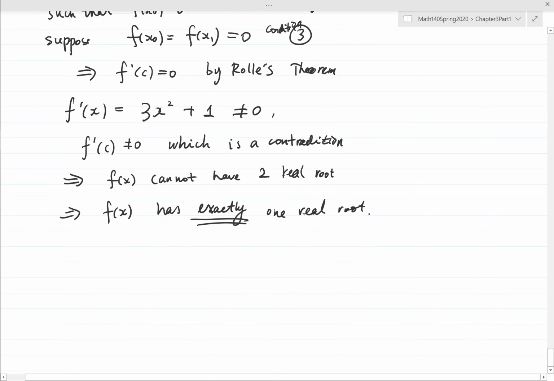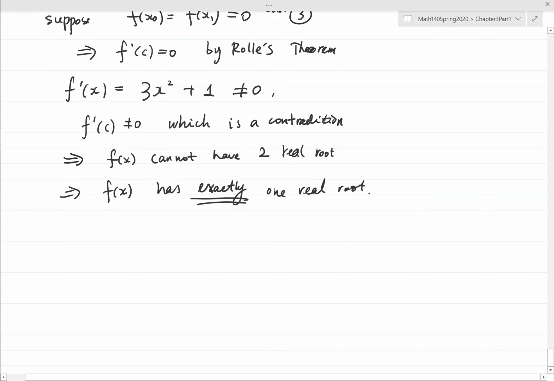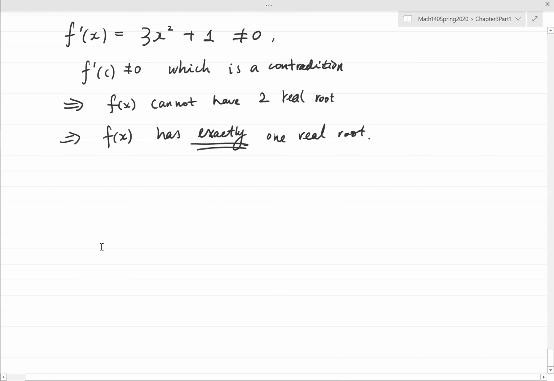Now you take the derivative of the function f, and you find it can never be 0. And then you get a contradiction. So you can conclude that the function cannot have two real roots. Then you are done. This shows that this has exactly one real root.